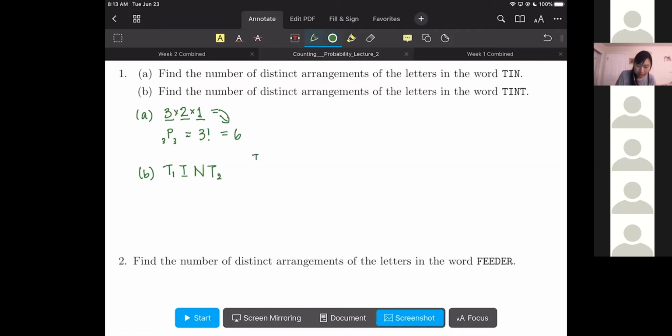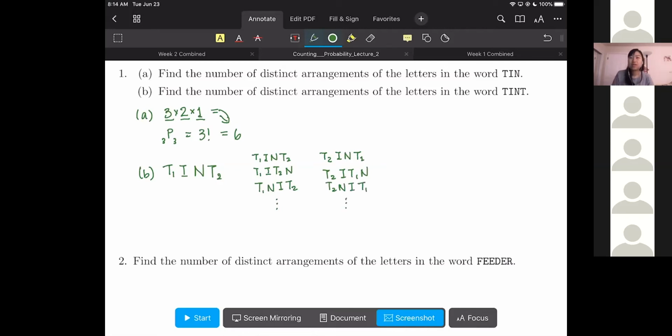I won't list all of them, but we could have T1, I, T2, N, T1, N, I, T2, etc. And then later on, we might also have the permutation T2, I, T1, N, T2, N, I, T1, etc.